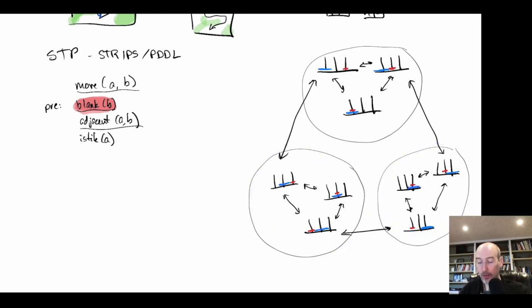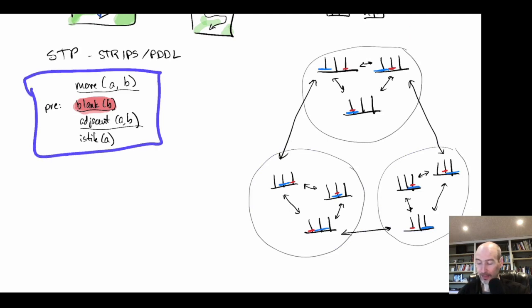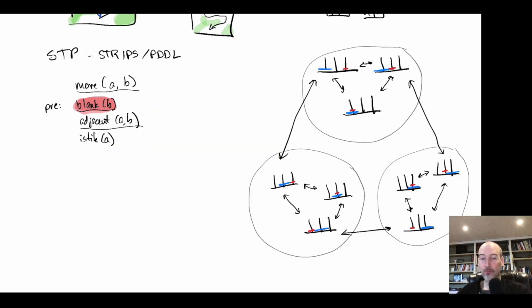And we could think about this in a similar way to the sliding tile puzzle. We could be thinking about encoding our operators, and we'd ask the question, what happens if I say that, for instance, you can move a disk even if there's another disk on top of it?